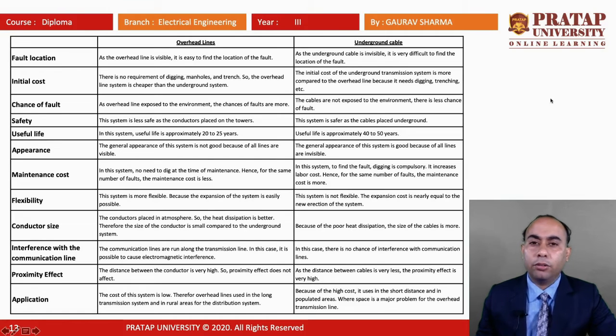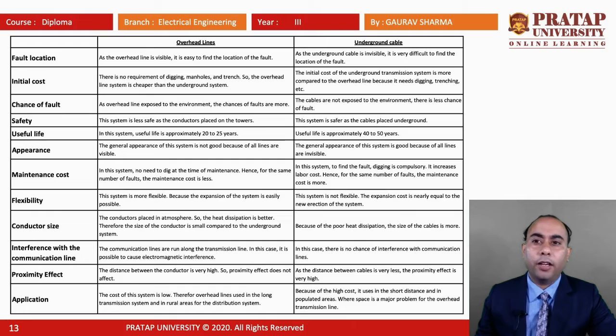Now when we look head to head, the fault location in the underground: as the underground cable is invisible, it is very difficult to find the location of the fault, and in the overhead system it is easy to find the location of the fault.